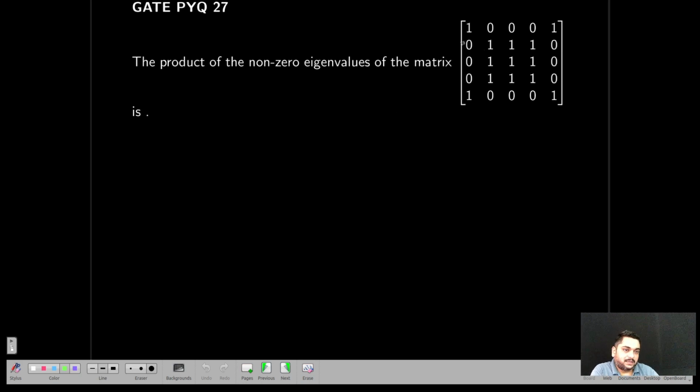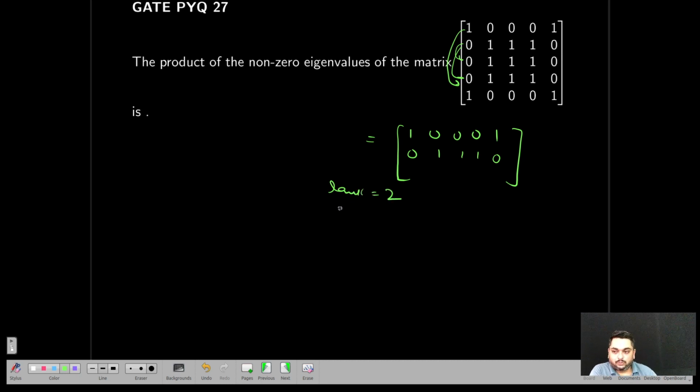Now, if you see here, if I subtract these two, it becomes 0. Again, this and this is 0. And this 0. So effectively, there are only 2 rows left in this. So, the rank of this is equal to 2.